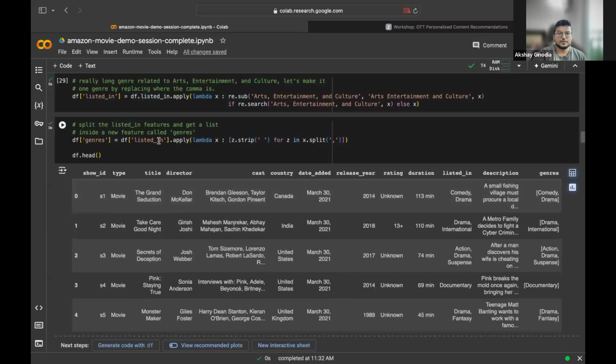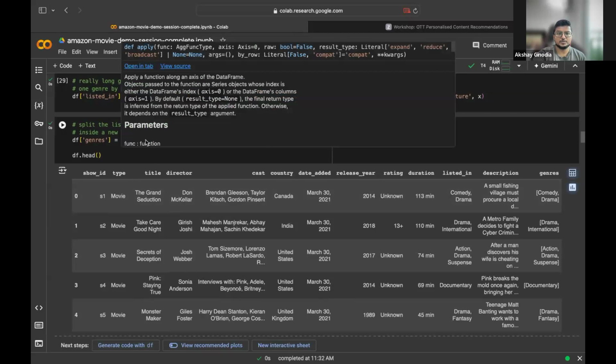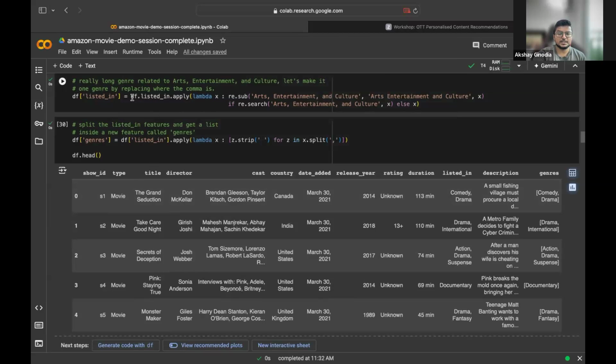No. Okay, but for the other ones, we are still applying a function on this column listed in. You can see that there are two ways I can refer to this column. Here I referred to it using df.listed in, and here I am referring to it with brackets and single quotes. Both are the same and give you the same results. On that you can apply a function.